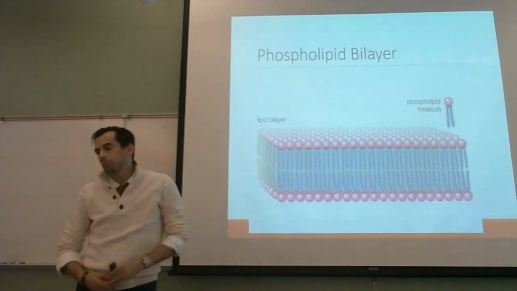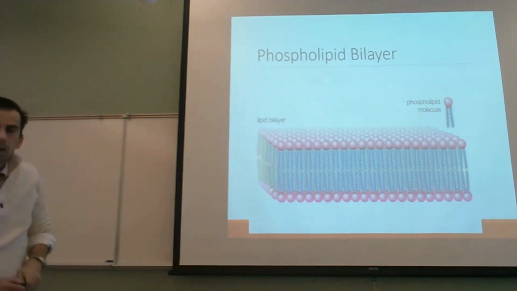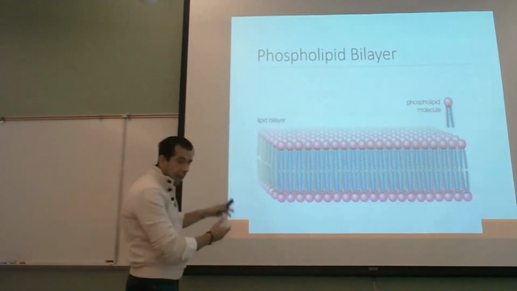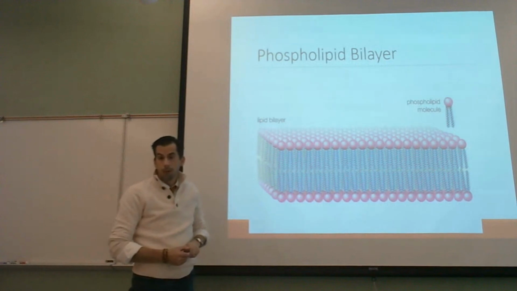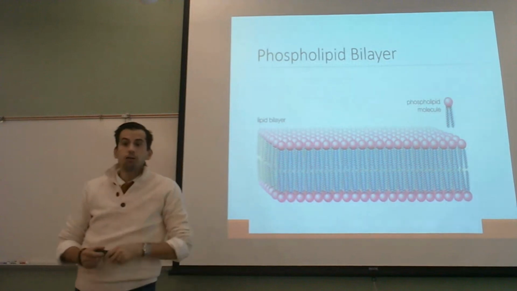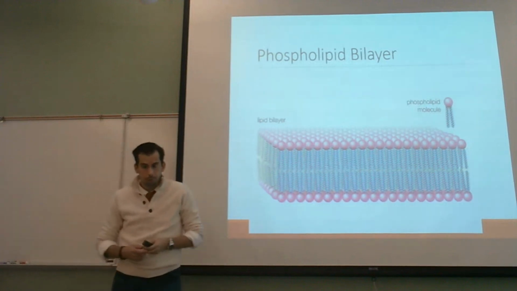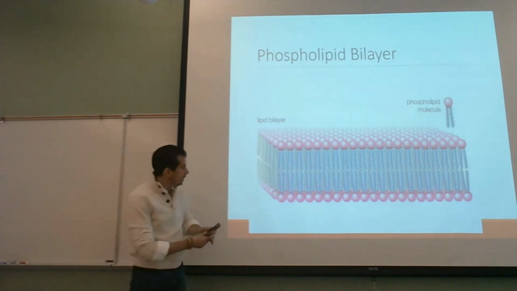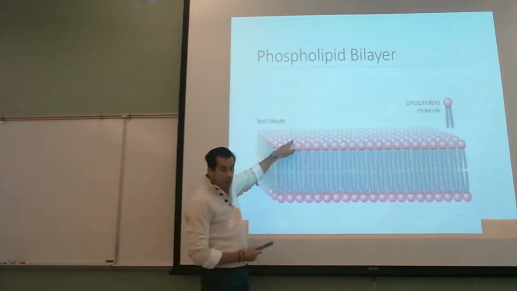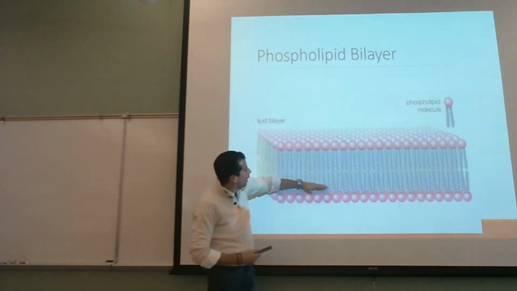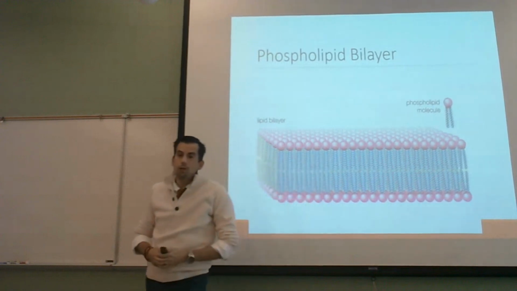Looking at this as a diagram, you're like, well, that's not that hard. But this is not really a scale that we're familiar with. Picture if we're looking at a football field, with the end zones being our phosphate heads, and from goal line to goal line being our hydrophobic region.